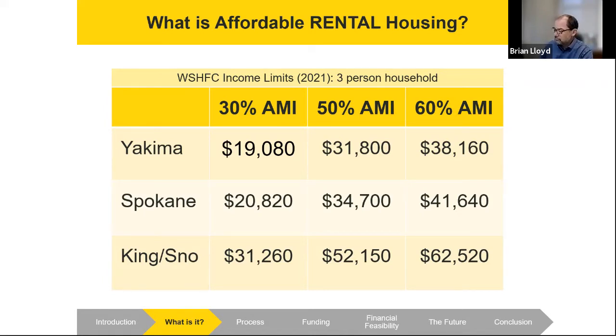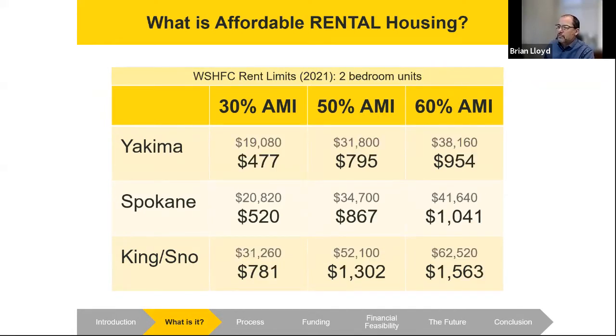Now, to convert that to rents is a very simple calculation. You simply take the annual income limit, divide it by 12, and multiply that by 30% to get the maximum affordable rent for that household size.